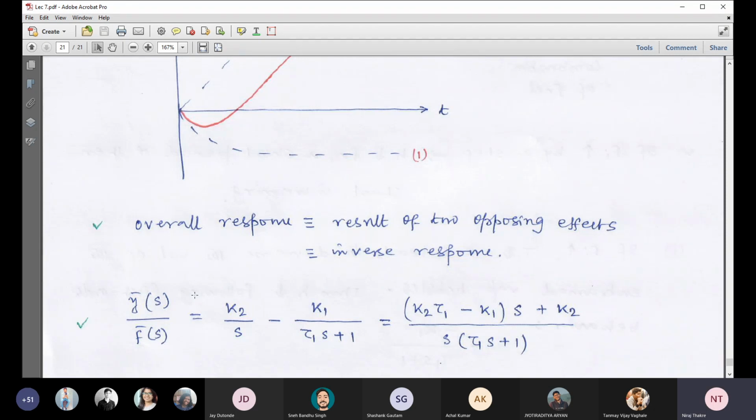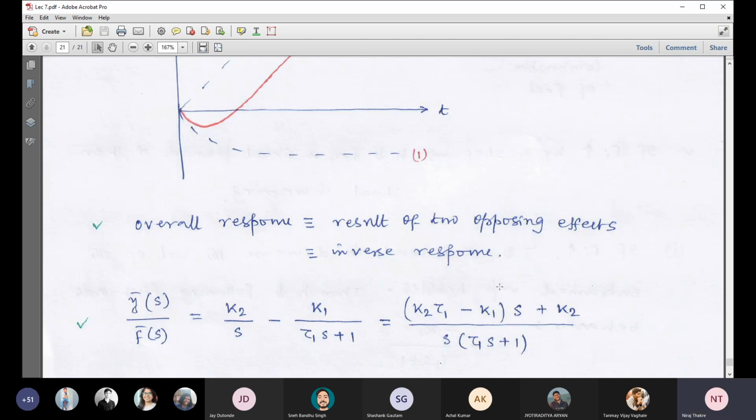This is our transfer function, output h divided by input Fi. So you see, this is again the ratio of two polynomials.